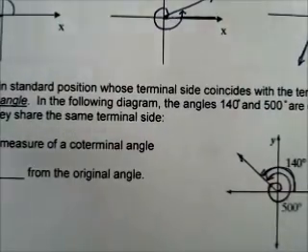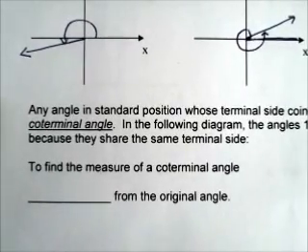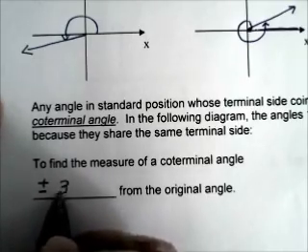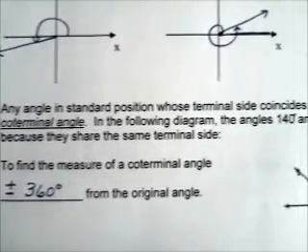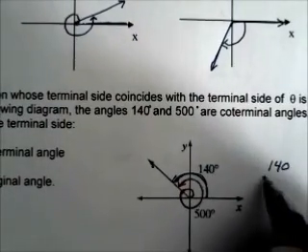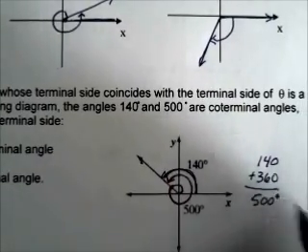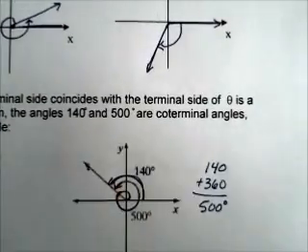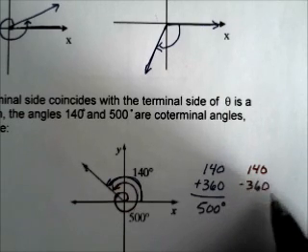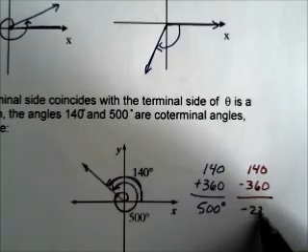To find the measure of a coterminal angle, you add or subtract 360 from the original angle. So we're just going to say plus or minus 360 degrees from the original angle. If I took the 140 and I add 360, I get 500, which is a coterminal angle. I could also take the 140 and subtract 360, which is negative 220.